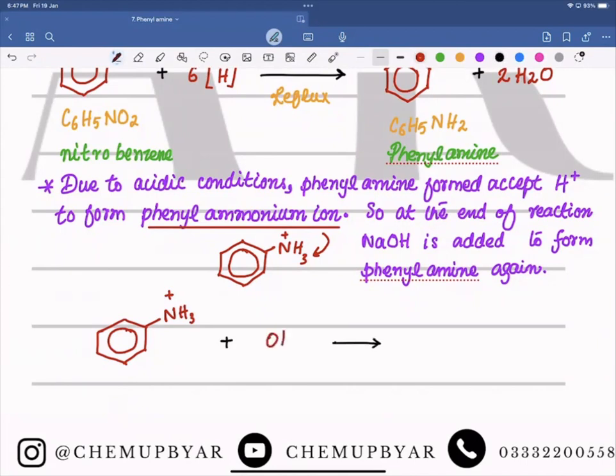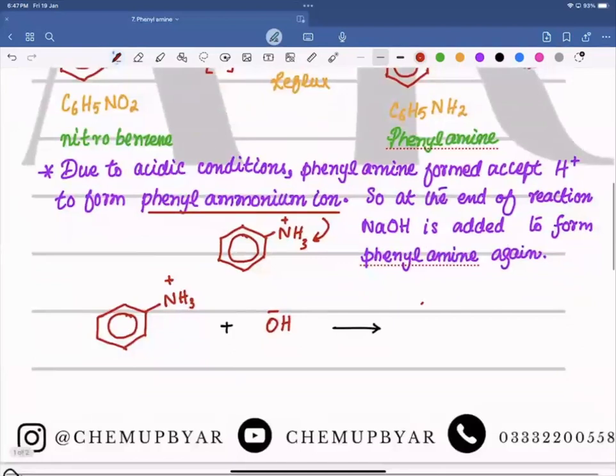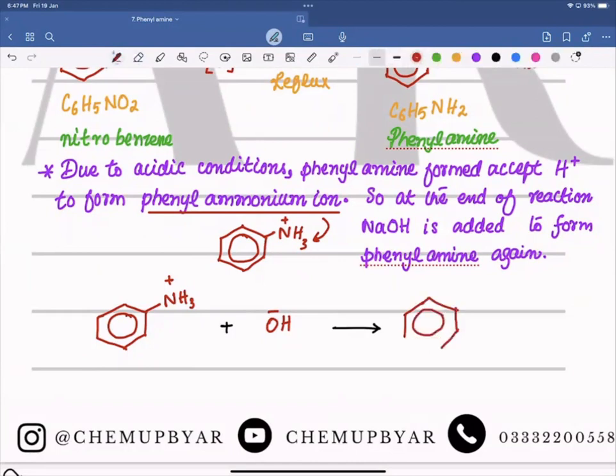Due to the acidic medium, we are not getting NH2 initially, we are getting its salt. So to make the phenylamine again from its ammonium ion, we add alkali, and there are excess hydroxide ions, and to neutralize those hydroxide ions, it releases the H positive, forming phenylamine again, and the alkali neutralizes the acid.